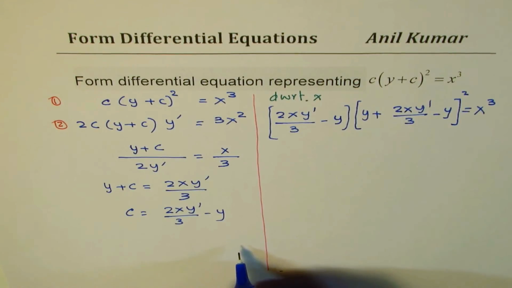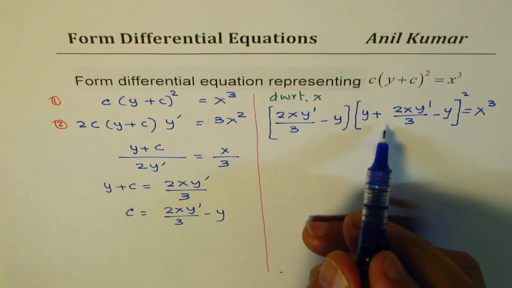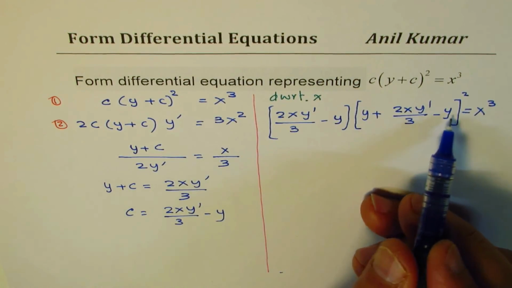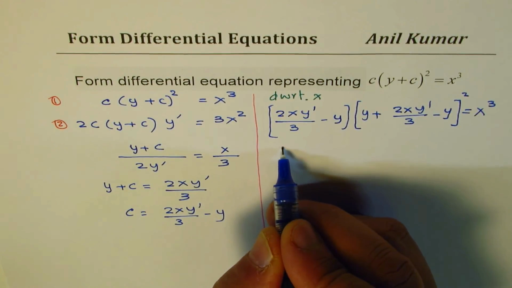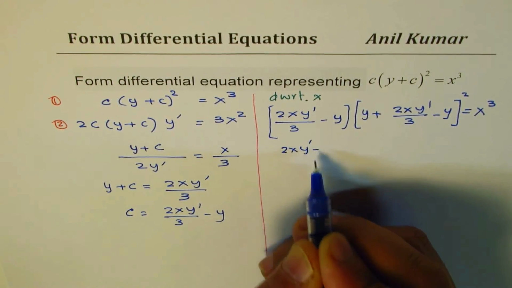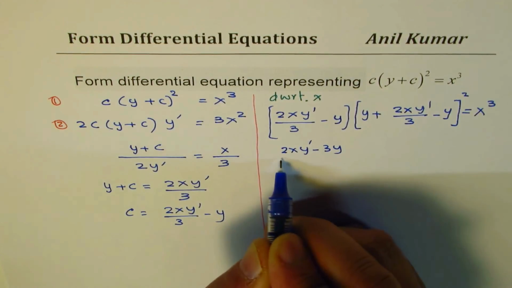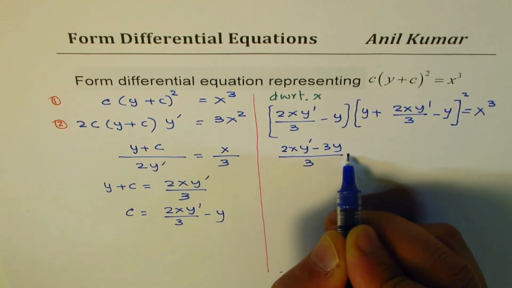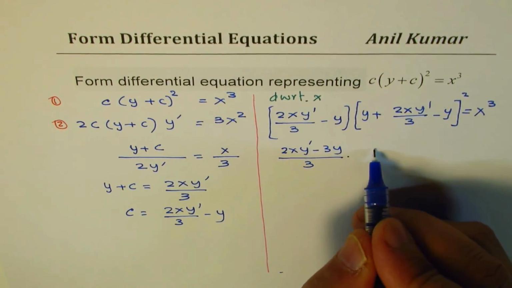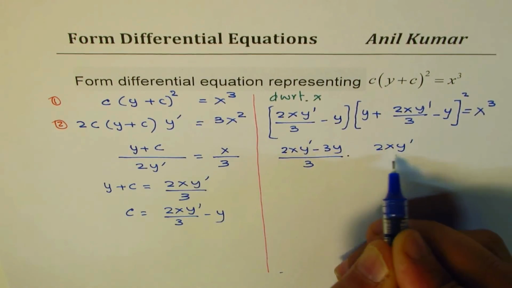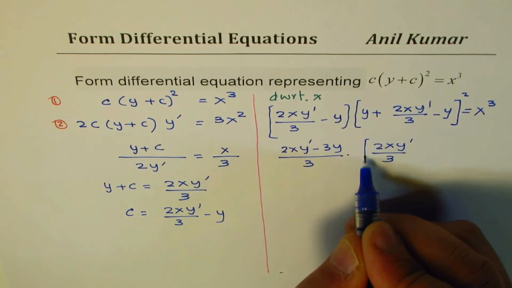Correct? Now we can take a common denominator. Here y and minus y get cancelled. So we get 2xy prime minus 3y over 3, and y cancels. So we have 2xy prime over 3, whole square.